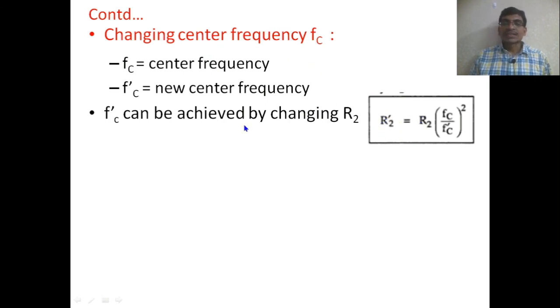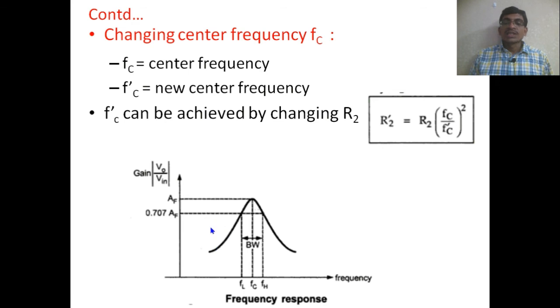If you see the frequency response of the narrow band pass filter, you can observe the bandwidth is very narrow. That's why it is called a narrow band pass filter, where AF is the maximum gain. In this curve, on the x-axis we have taken the frequency and on the y-axis the gain. The maximum gain we can achieve is at the center frequency Fc.